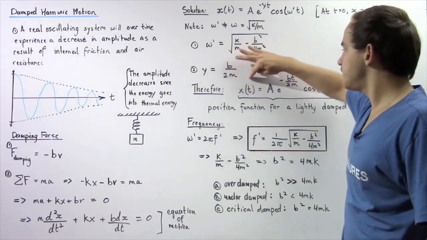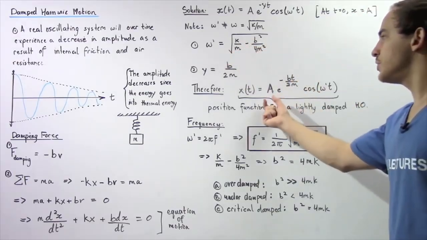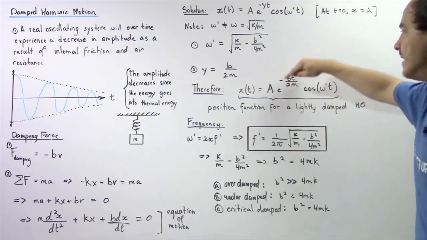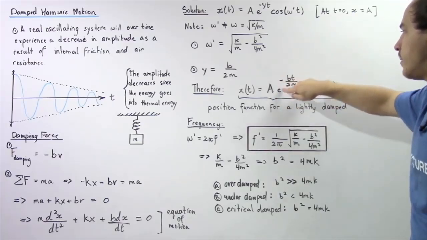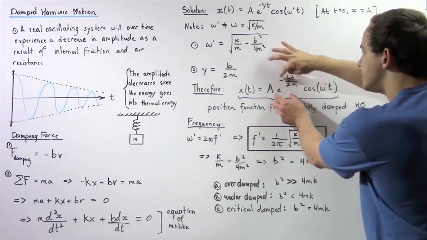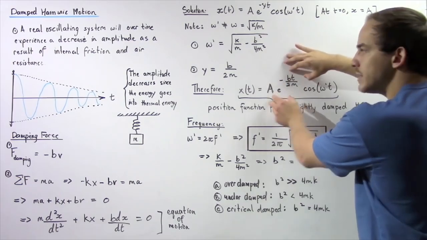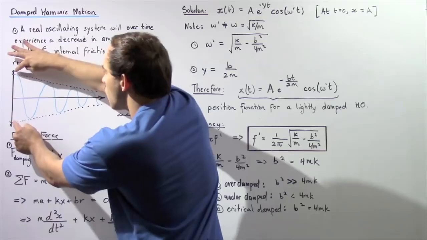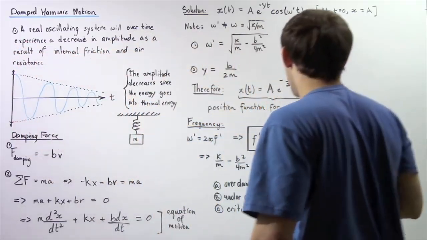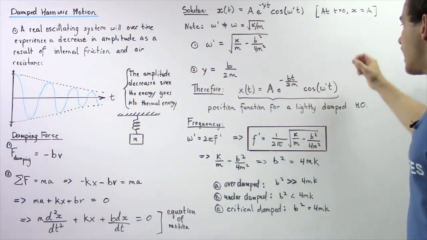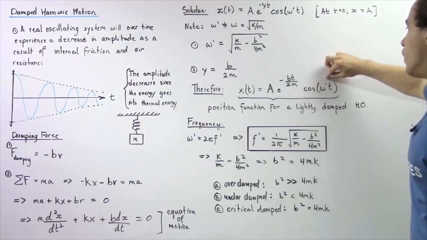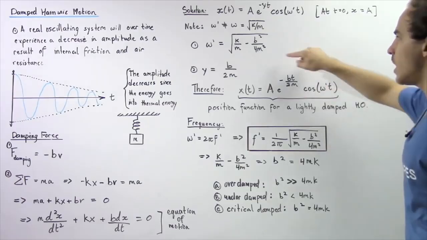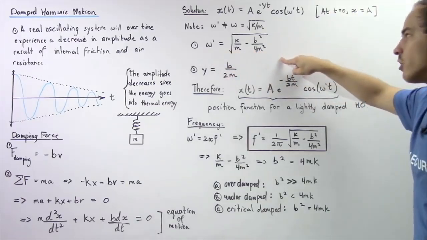So we have x of t is equal to our amplitude multiplied by e to the negative bt divided by 2m, where this e to the negative term is simply this exponential function here as drawn by this dashed line, multiplied by cosine of omega prime t, where omega prime is simply this formula.